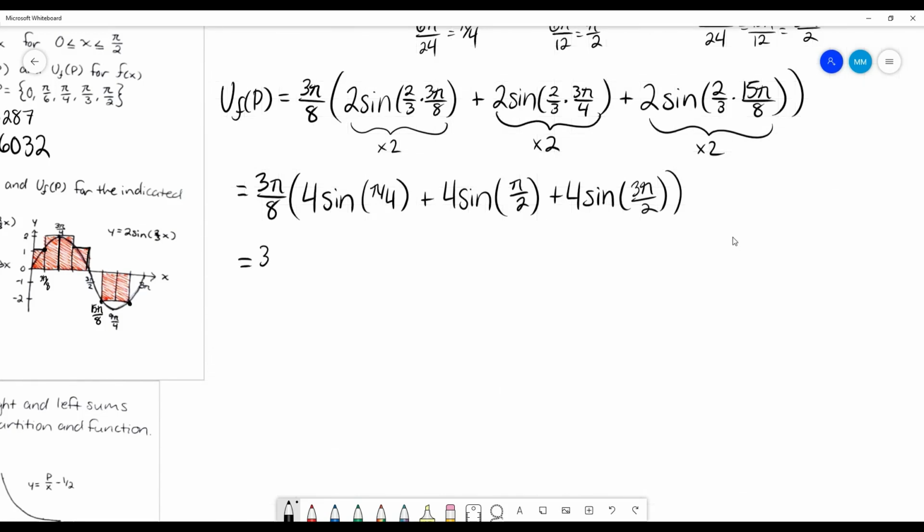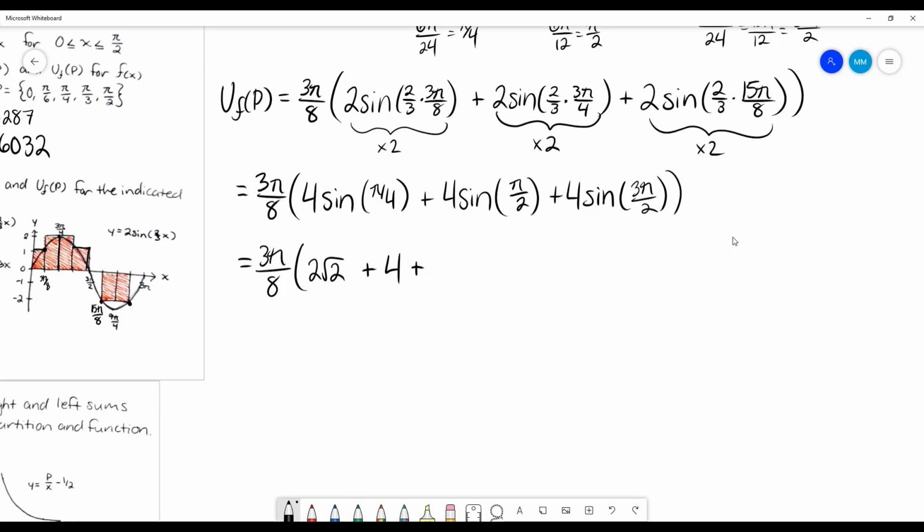Now, just plug in those values. So it's 4 times sine of pi over 4, which is just going to be square root 2 over 2, or just 2 square root of 2, plus 4 times sine of pi over 2. Sine of pi over 2 is 1, so it's just plus 4.